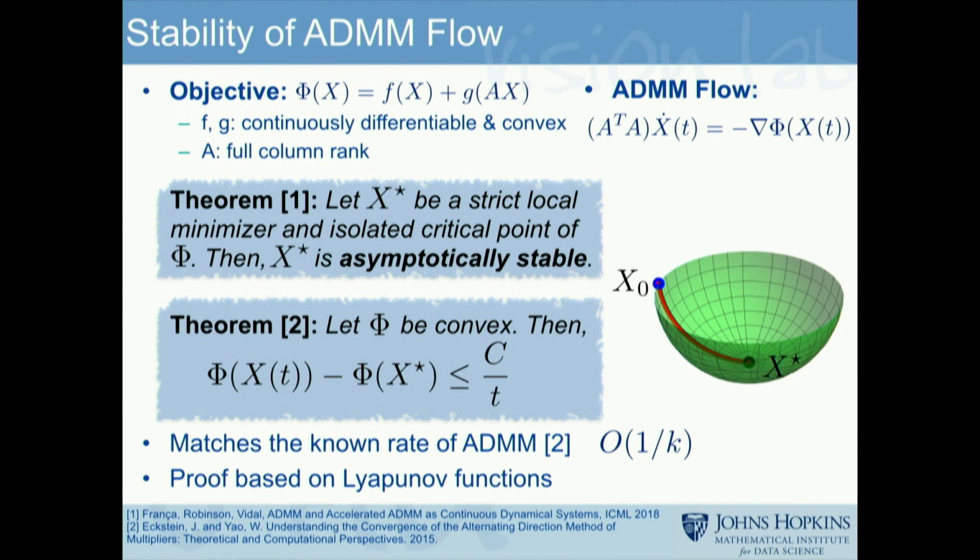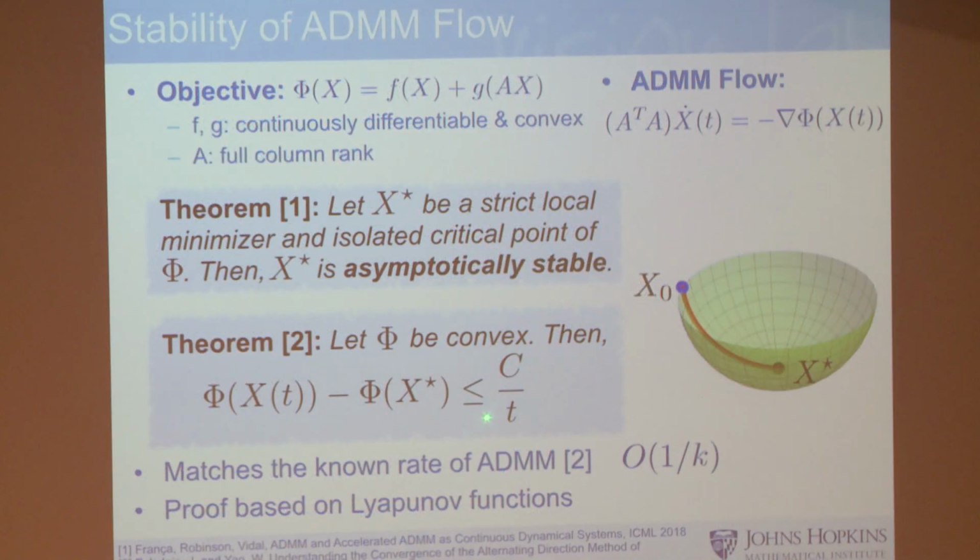That is easily done by constructing a Lyapunov function. The second one is the derivation of the rates. Effectively, the theorems are of the following form: the objective at x of t, where x of t is the solution to this differential equation, minus the objective at the optimum is less than or equal to a constant divided by t. That's what I mean by a convergence rate of 1 over t.